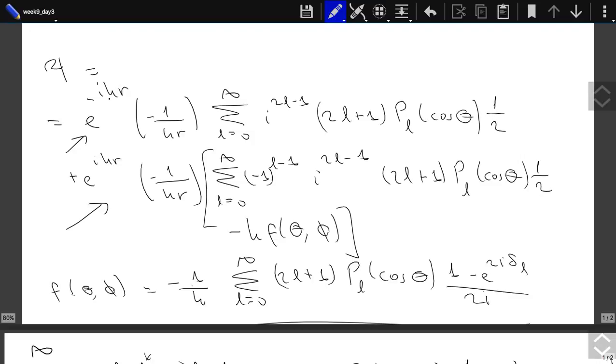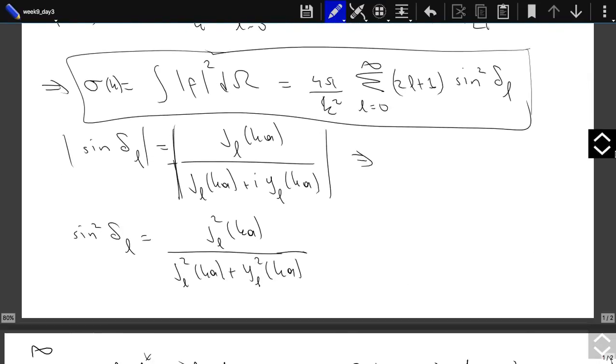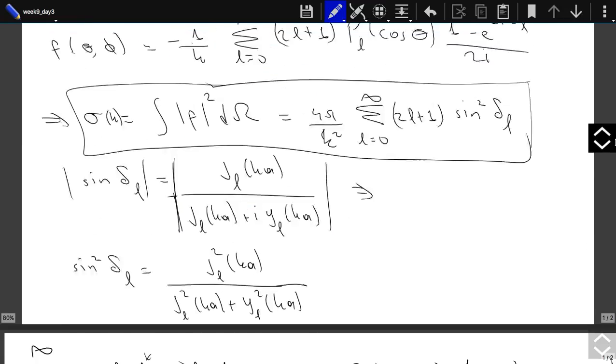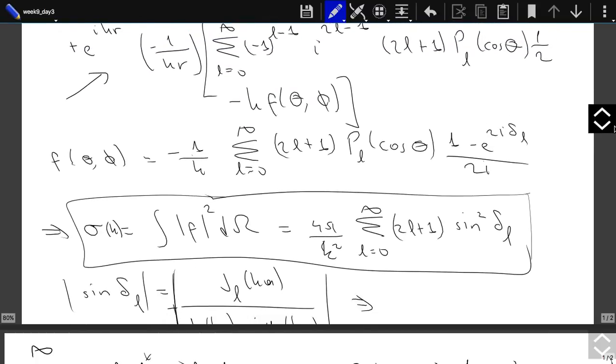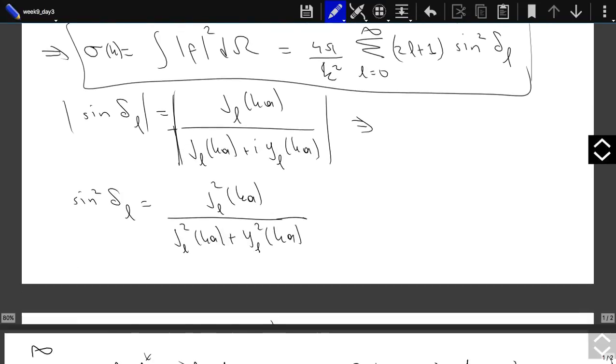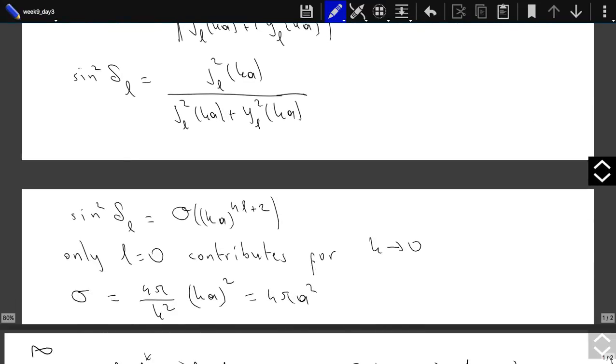That additional phase is what determines the differential cross-section. In fact, all the properties of the scattering will be determined by those phase shifts.